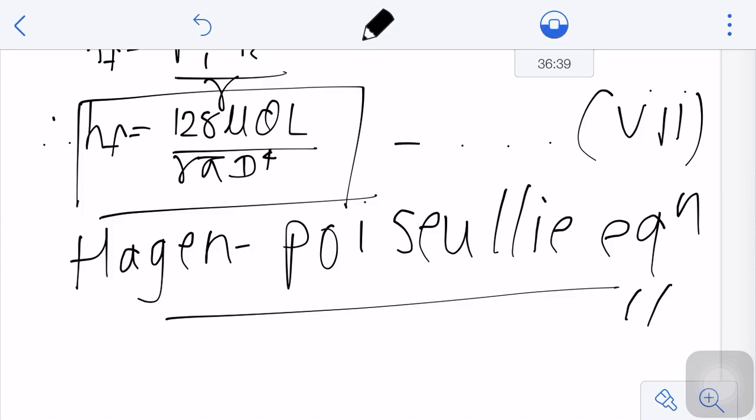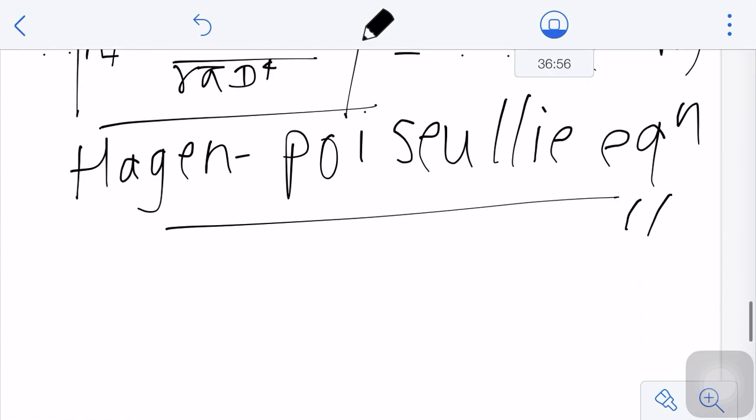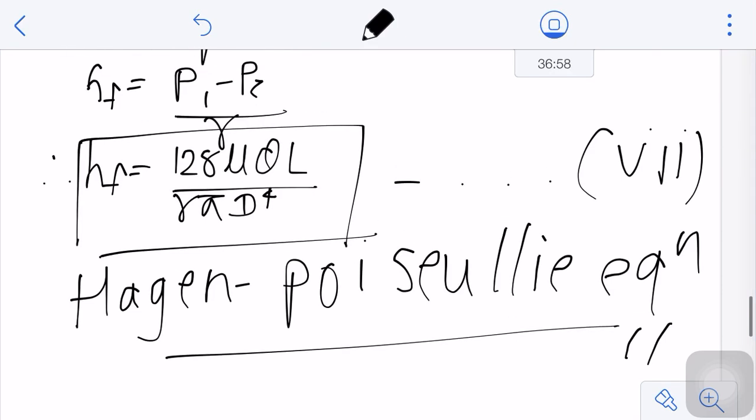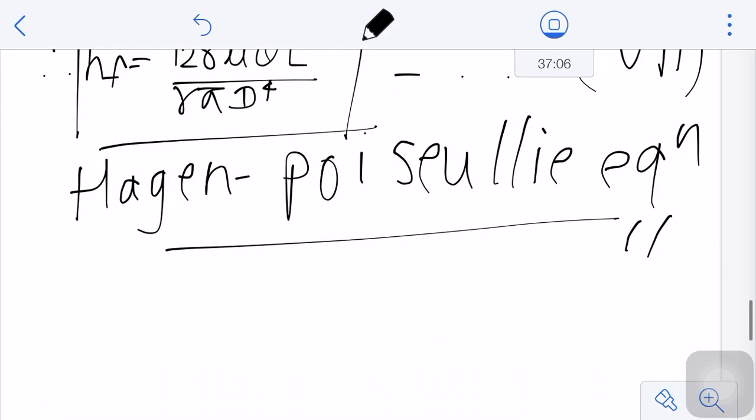If you remember, in the Darcy-Weisbach analysis, the friction factor value can be found by using the Reynolds number, and that equation was f is equals to 64 by Re. So if you equate the Hagen-Poiseuille equation with the Darcy-Weisbach equation, we get the equation for the friction factor small f, which is equals to 64 by Re, right?